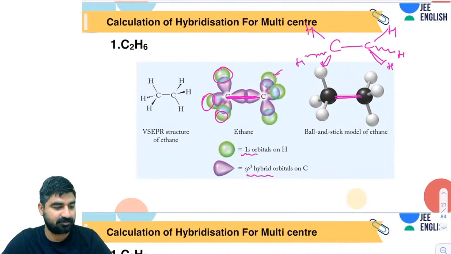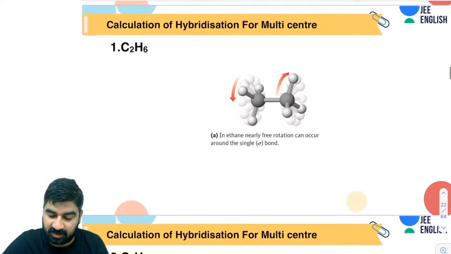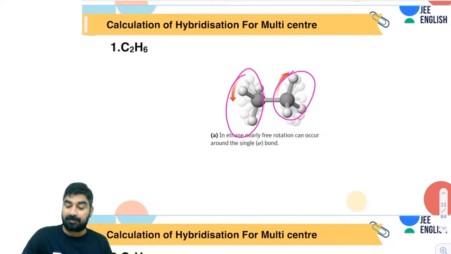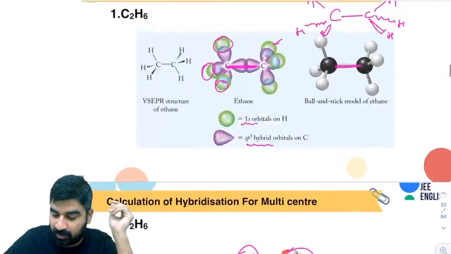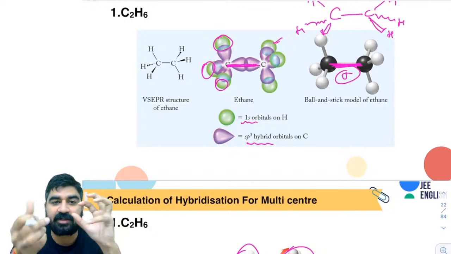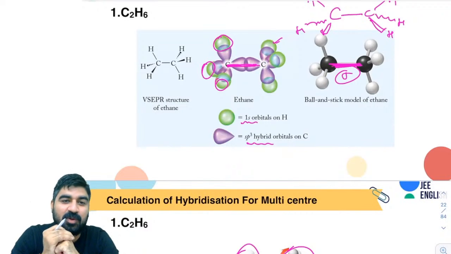Any doubt? So this is the case of C2H6. Because in this case 2 carbon atoms are joined by a single sigma bond, they can rotate. You will learn more about this in organic chemistry, especially in stereochemistry.